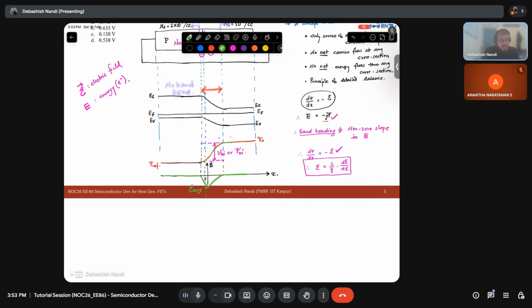From that also I can calculate rho as well. So what is rho? D electric field by dx is my rho by epsilon. This is my Gauss law. So my rho of x will just be the derivative of this. What is the derivative of this line?